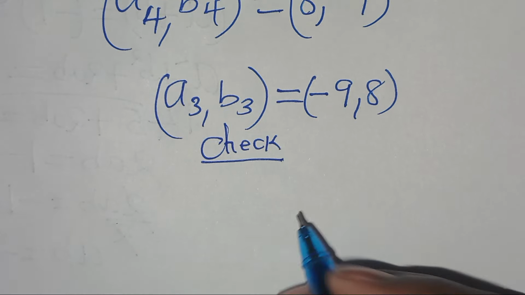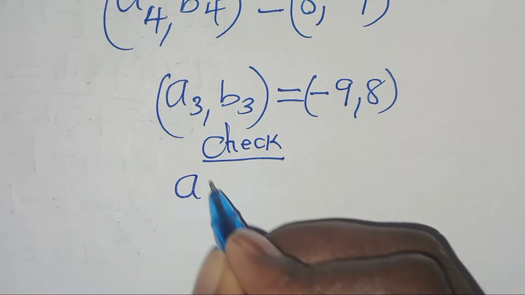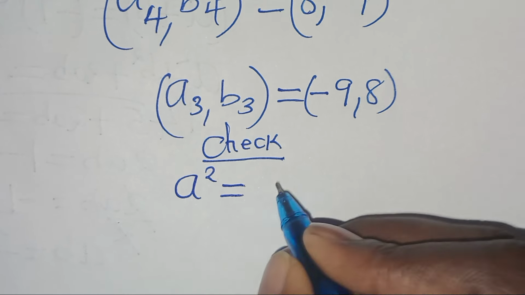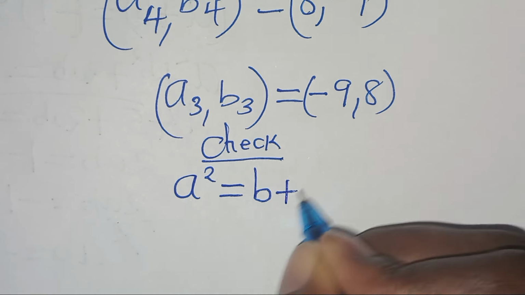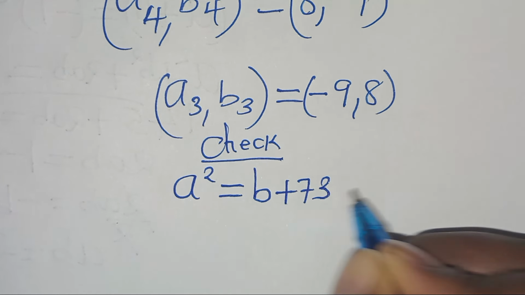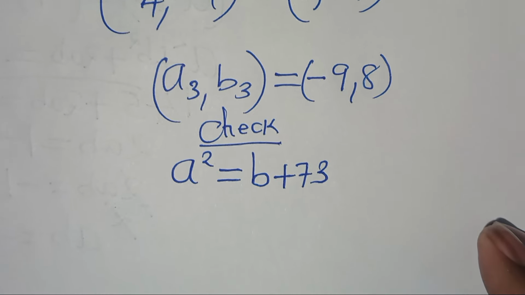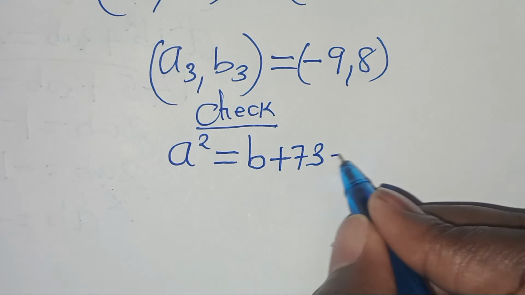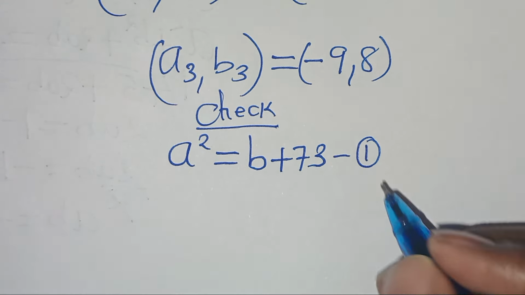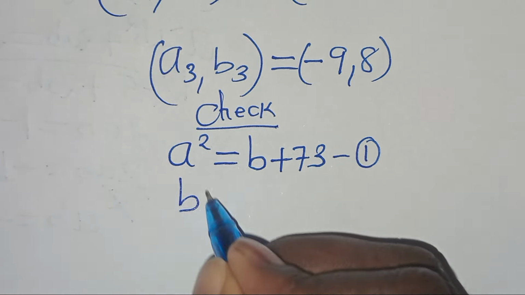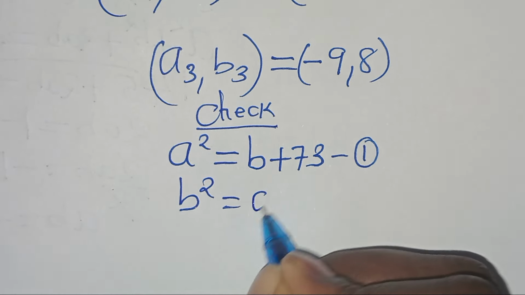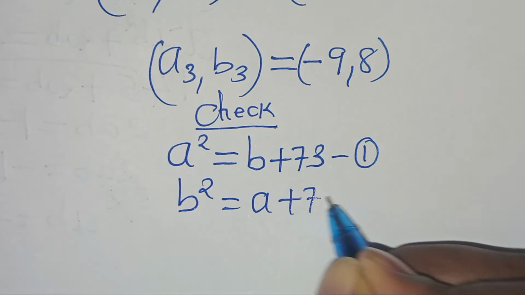If you recall, equation 1 is a squared equal to b plus 73, and equation 2 is b squared equal to a plus 73.